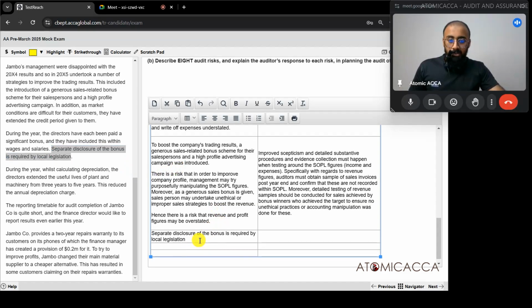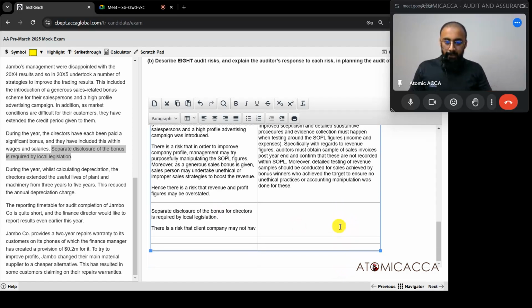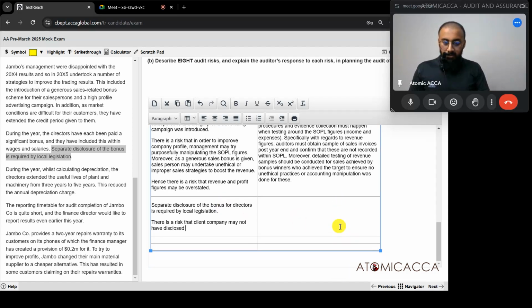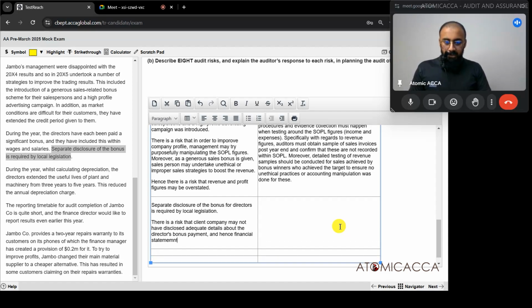Separate disclosure of the bonus for directors is required by local legislation. There is a risk that client company may not have disclosed adequate details about the director's bonus payment, and hence financial statements may be misstated.